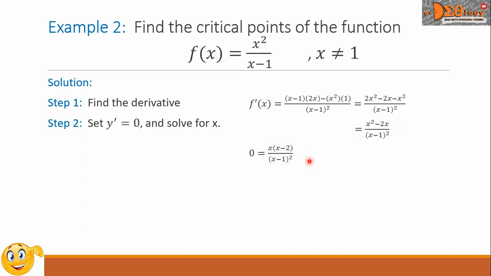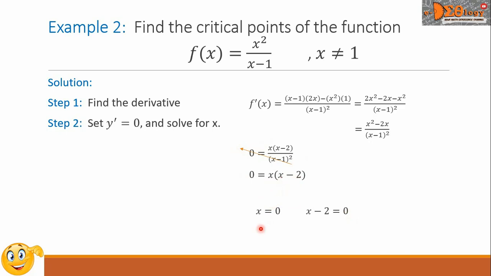Let us now solve for x. Let us cross multiply the denominator to the left side. So this will be simplified into 0 equals the numerator itself, x times the quantity x minus 2. Now, let us equate each of the factors into 0. So we have this x equals 0 and the x minus 2 equals 0.